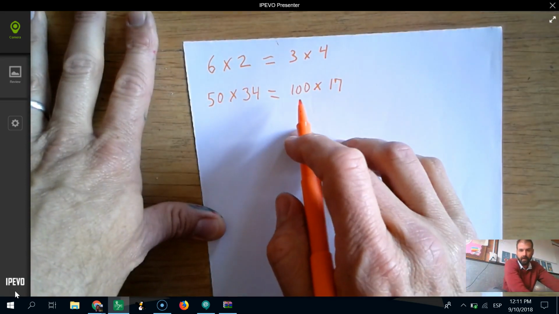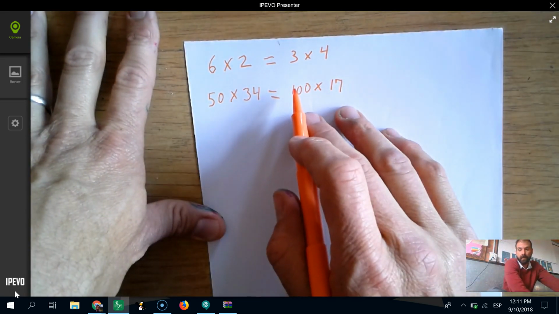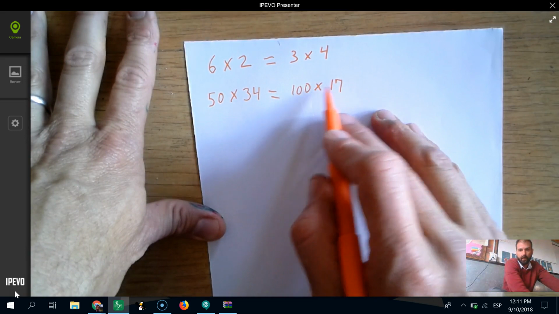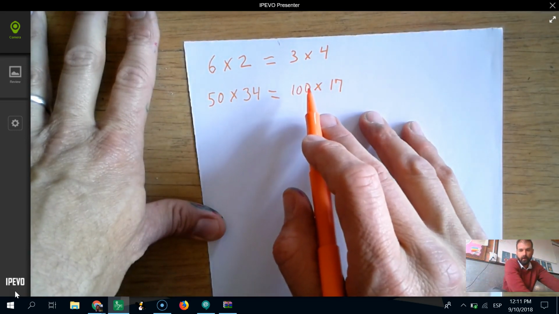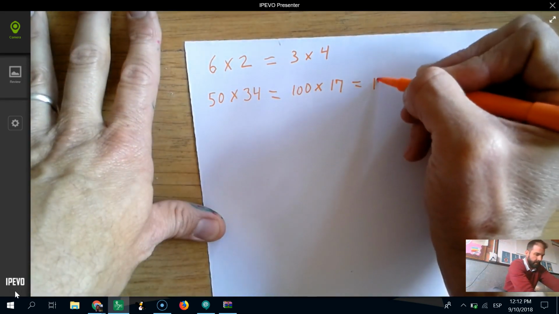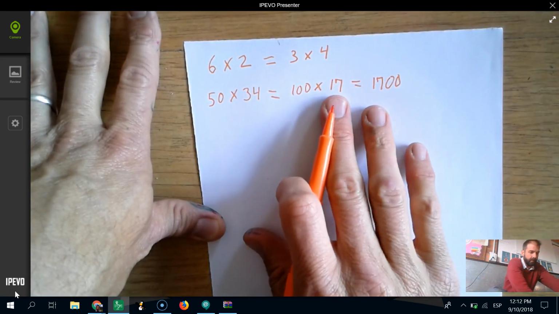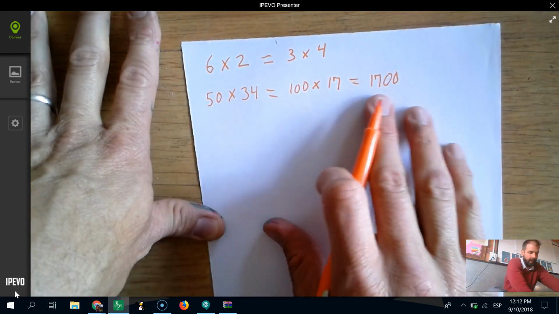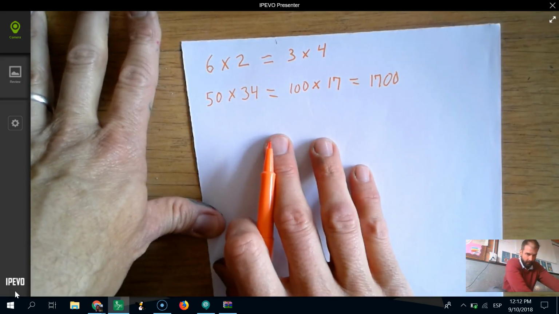That's much easier, and you're less likely to make a mistake. Understanding times 10 and times 100 is very important in mathematics, and that's 1700. So we take this 17 and it moves 2 spots to the left and is replaced by those zeros. We're not adding zeros, we're moving that number.